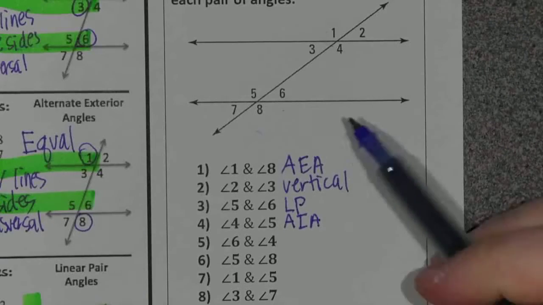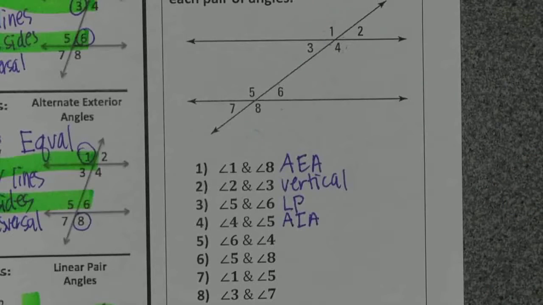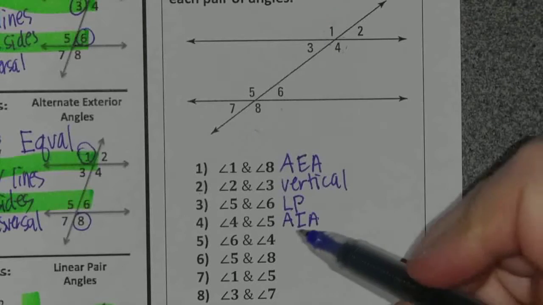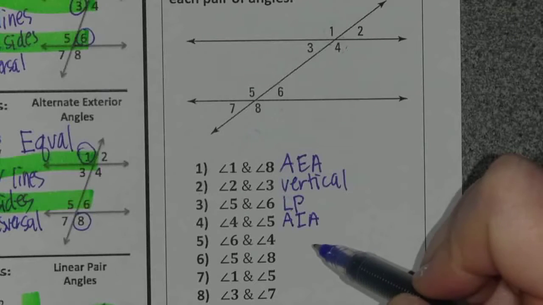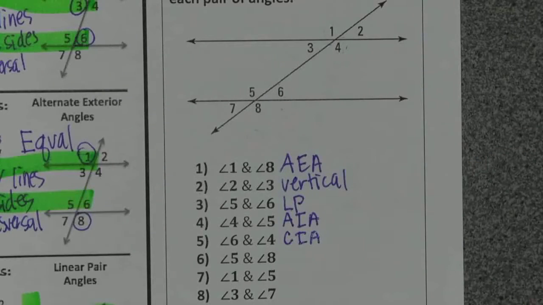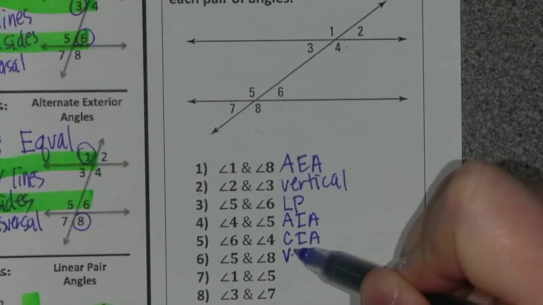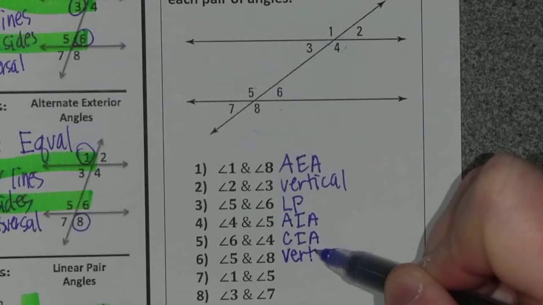Next set would be 6 and 4. 6 is here, 4 is here. What kind are those? Consecutive interior. You're exactly right, consecutive interior angles. Those get to be the CIA. How about 5 and 8? You know what 5 and 8 are, you guys?